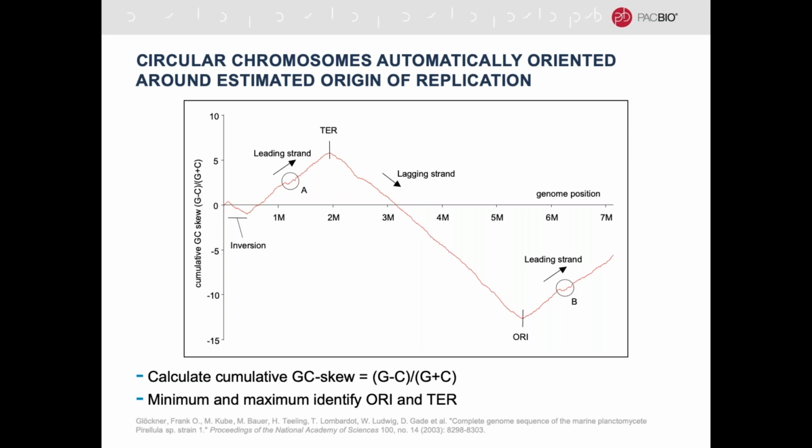So this is useful because if you want to, say, align multiple genome sequences after you have assembled them, you want them to all be oriented in the same way so that they line up as you would expect.